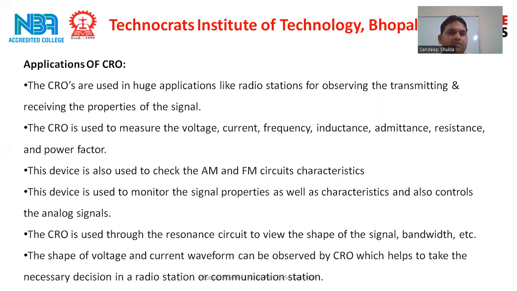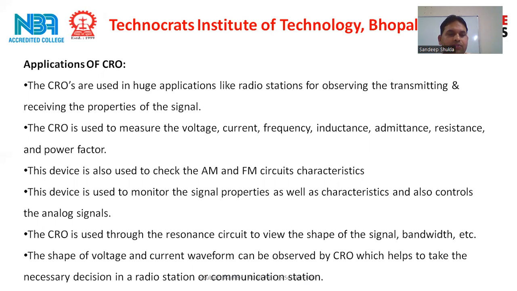So finally, we will discuss the applications of CROs. CROs are used in huge applications, like radio stations for observing the transmitting and receiving properties of a signal. The CRO is used to measure voltage, current, frequency, inductance, admittance, resistance, power factor, etc. These devices are also used to check the AM and FM circuit characteristics. The CRO is used to monitor the signal properties as well as characteristics and also controls the analog signals.